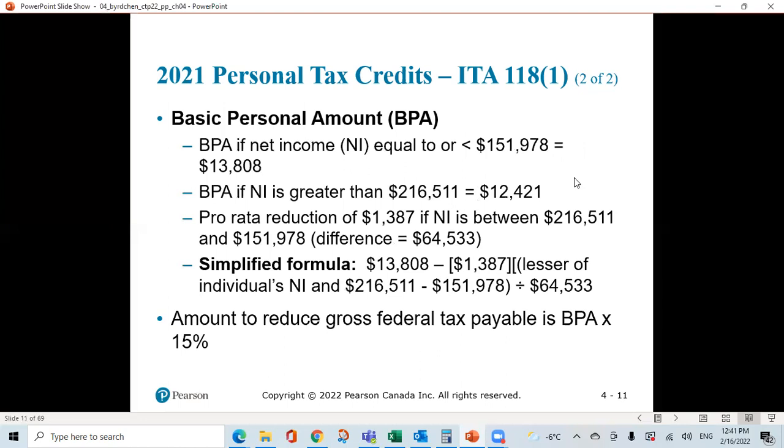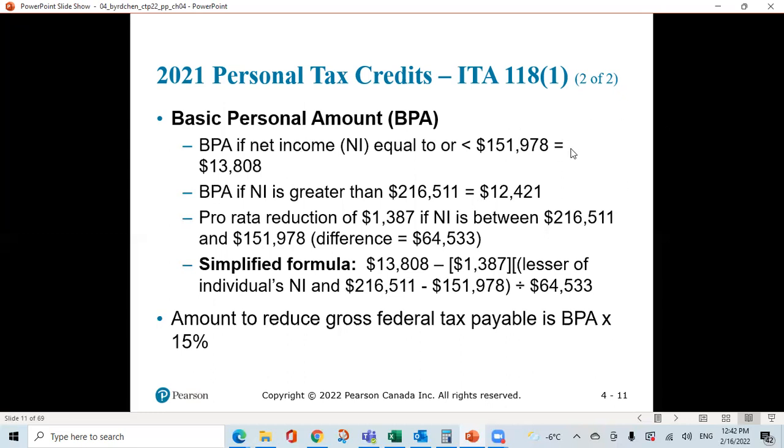Now, when we do the calculation, we know that the basic personal amount is $12,421. The extra amount will start to be eliminated when an individual's net income for tax purposes reaches the third tax bracket. The third tax bracket is $151,978.